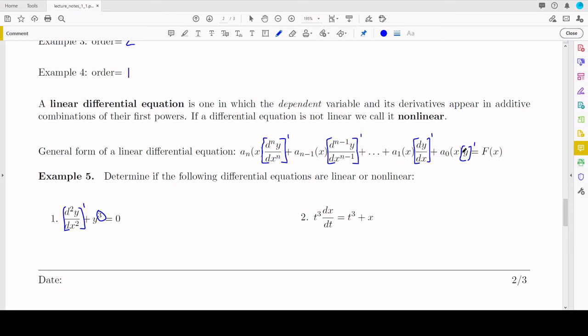The dependent variable can only show up to the first power, so this is nonlinear. And just as a bonus, y is the dependent variable and x is the independent variable.